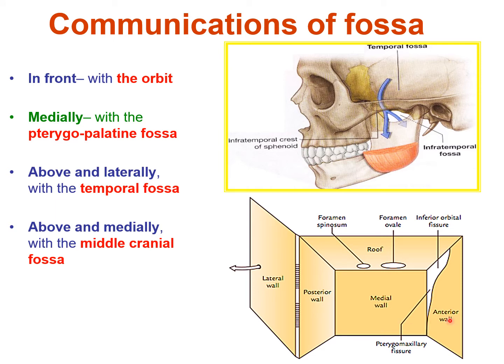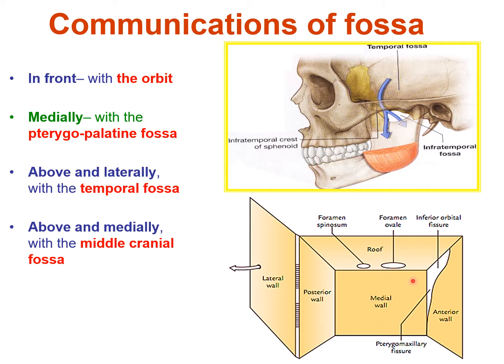So we are able to appreciate the anterior wall, the posterior wall, the medial wall, and the roof. Anterior wall is formed by the posterior surface of maxilla, so anteriorly, it is communicating with the orbit through inferior orbital fissure.